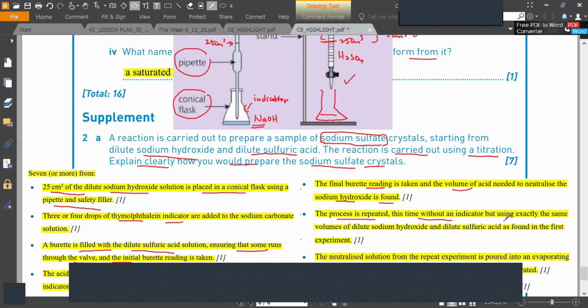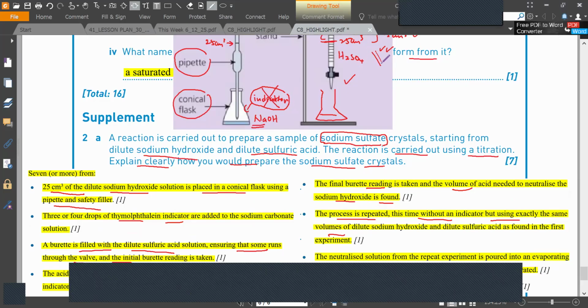This time we repeat without indicator, but using exactly the same volumes. Let's say we already repeated a few times and confirmed the reading is correct. Now we are ready to prepare the salt. Because just now we put in the indicator, which we don't want.